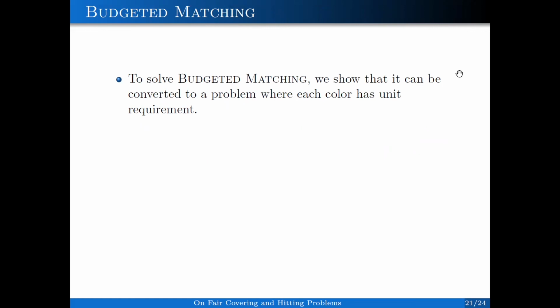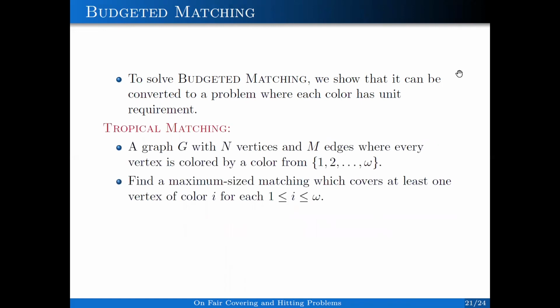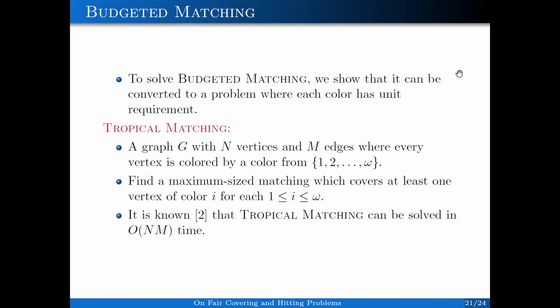And to solve the budgeted matching problem, we convert it to another matching problem, which is called tropical matching. Tropical matching is again similar to budgeted matching, except here the requirement for each color class is exactly 1. And it is known that tropical matching can be solved in order of n times m time.